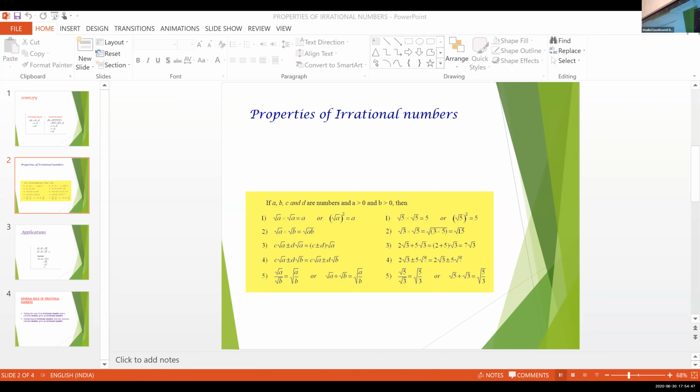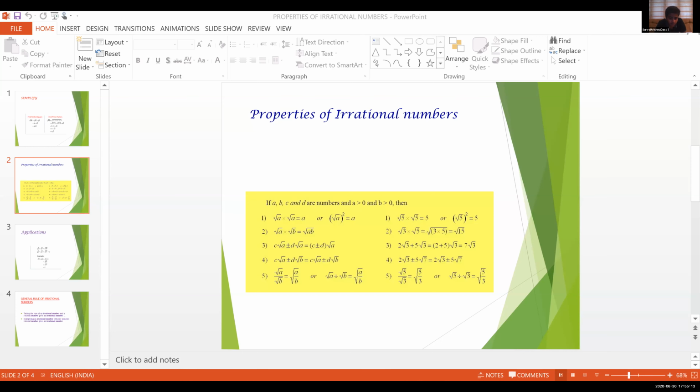Now, what about the last rule? Surya, will you read the one I encircled with the red ink?